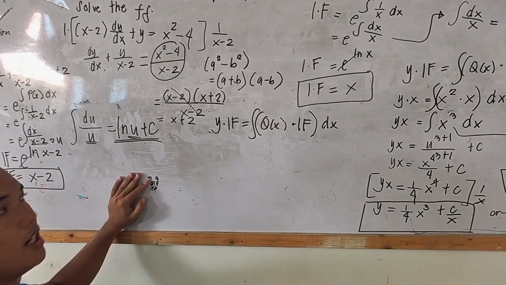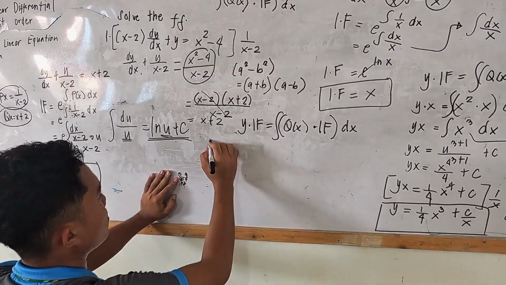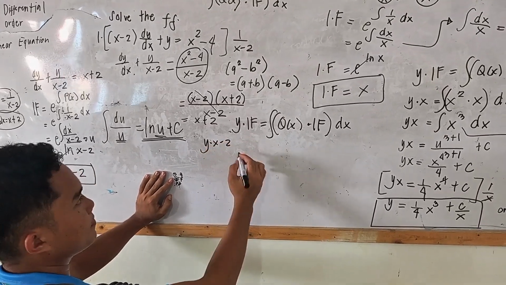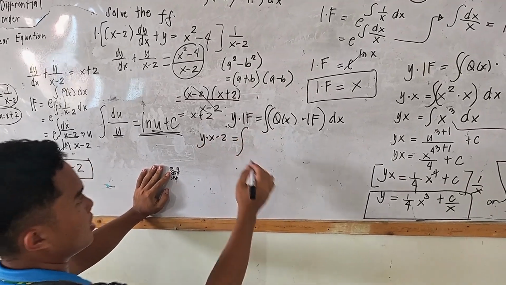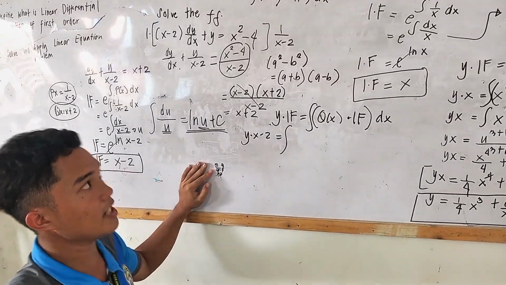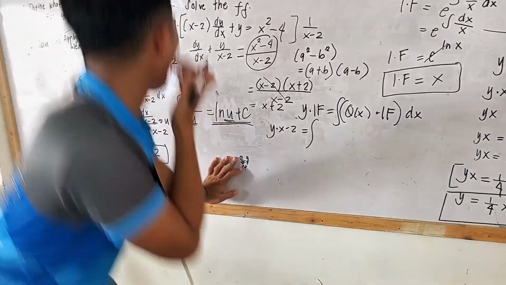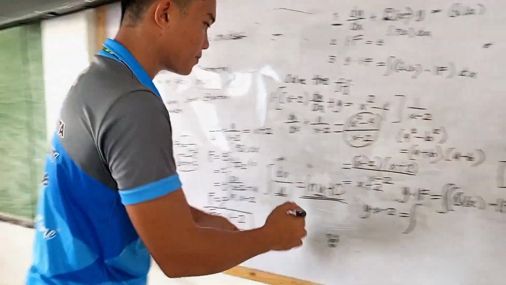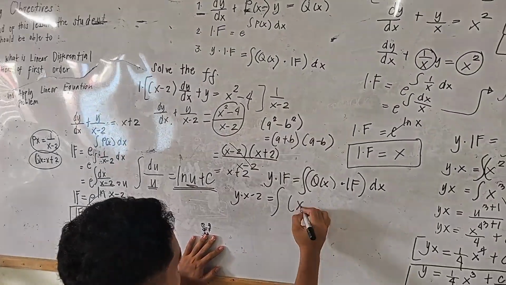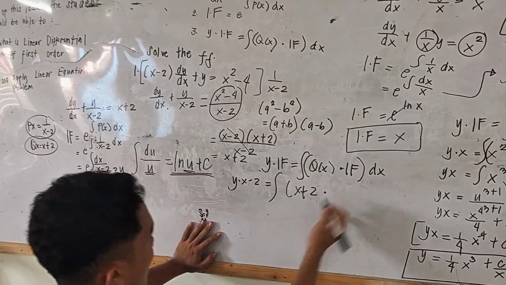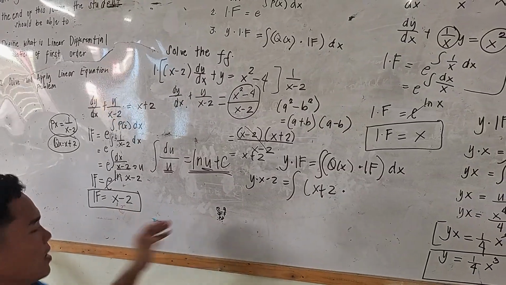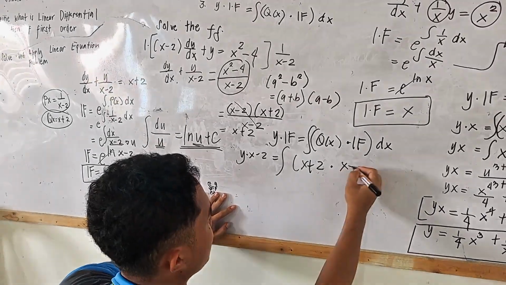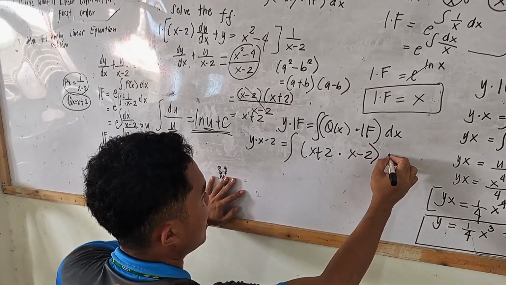So now substitute the value of the integrating factor, which is x minus 2, times the integration of q of x. What is your q of x, class? We have the q of x of x plus 2 times the integrating factor of x minus 2. Okay, very good. Times dx.